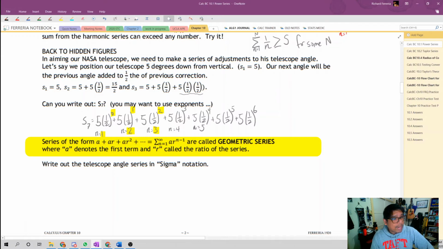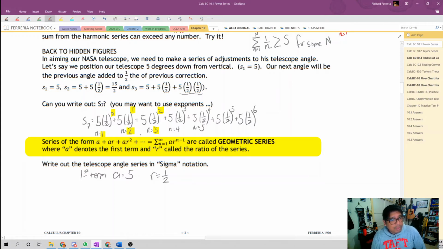So we can write this series in sigma notation because what was our first term? First term a was equal to 5. And then the common ratio, the thing that we kept multiplying by, that was 1/2.